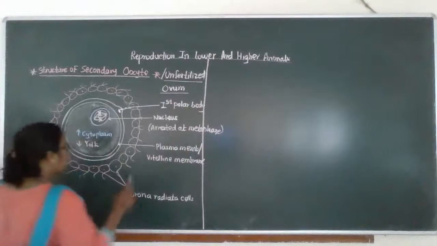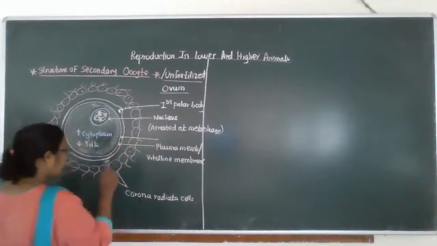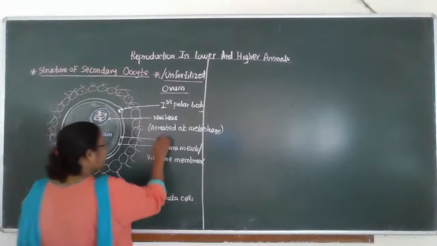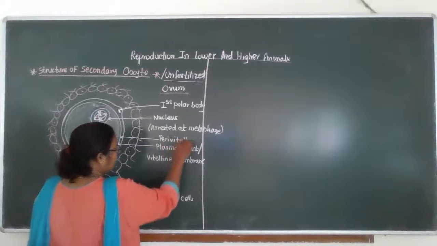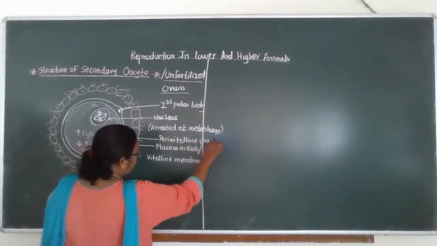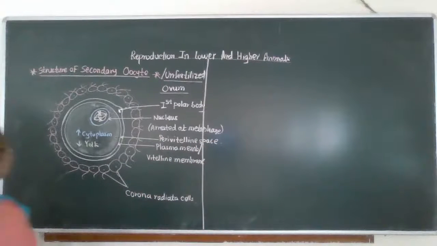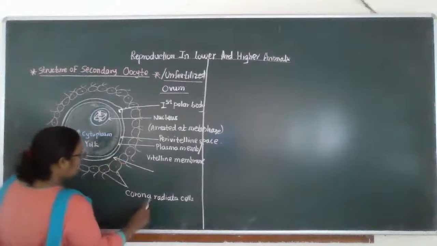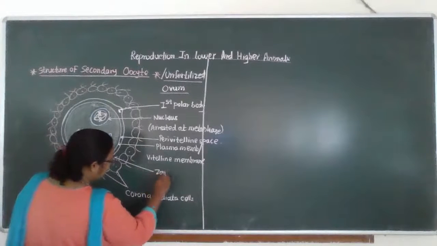And one more point remains. This space is called the perivitelline space, and this layer, a non-cellular transparent material, is called the zona pellucida.